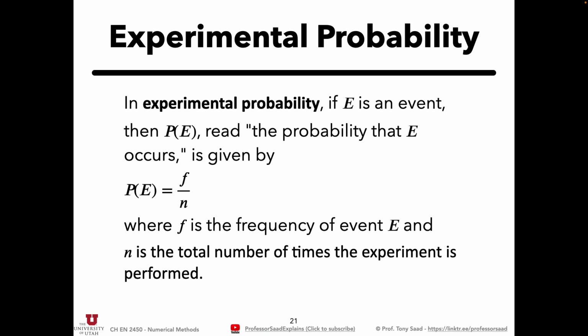And let's say 240 of those were actually heads, heads. Then you say, my probability of getting heads, heads is going to be 240 times that I get heads, heads, over 1,000 times running my experiment. It's just a frequency, okay? It's just how often did that event occur? And then you call that probability.